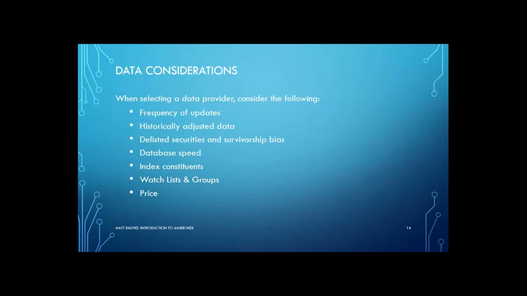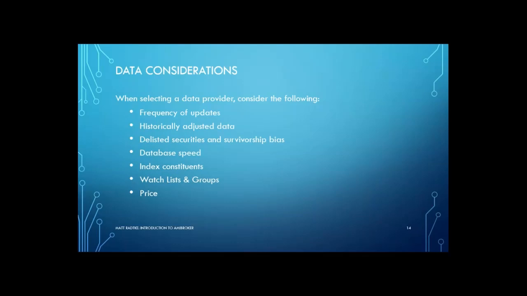Price for data can go anywhere from free at the Google Finance and Yahoo Finance end of the spectrum, up to say $700 or $800 a year for Norgate end of day data for the U.S. stock market, up to as much as you're willing to pay if you're getting data from someplace like Bloomberg, or lots and lots of real-time data from a company like eSignal, where your price will be based on how many symbols you're accessing, things like that.